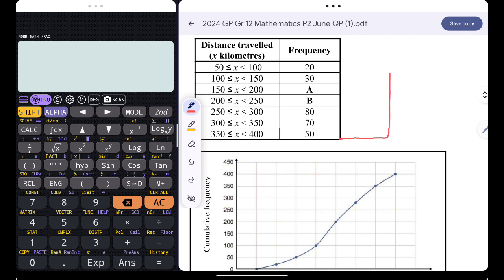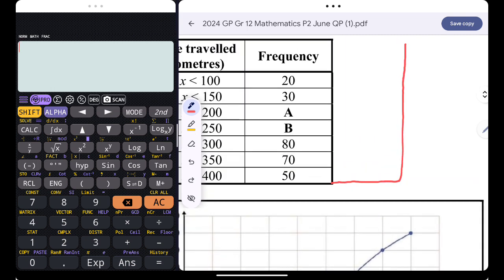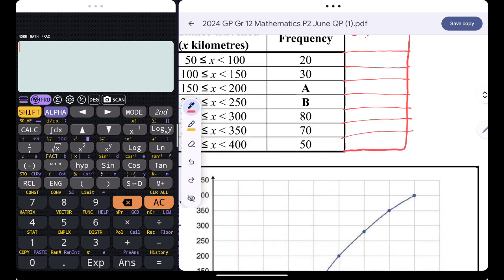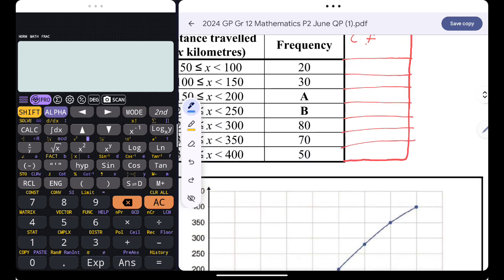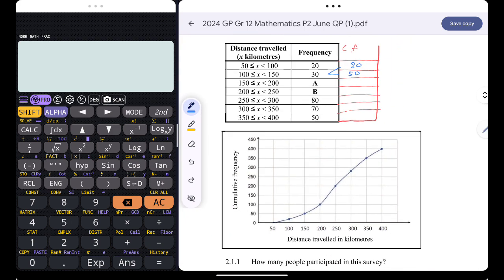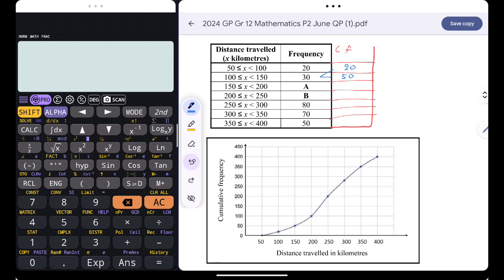The cumulative frequency table will simply be like this. The first term of the cumulative frequency is the same as the first term in the frequency. Are we together? So if that's 20, I'll also have 20 over there. Then that will simply be 20 plus 30, which gives 50. These values do correspond.